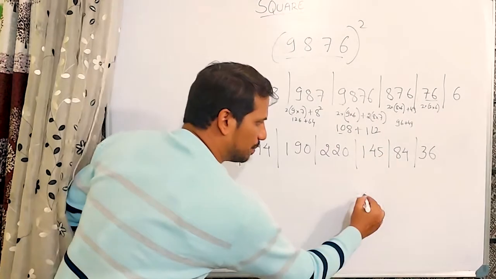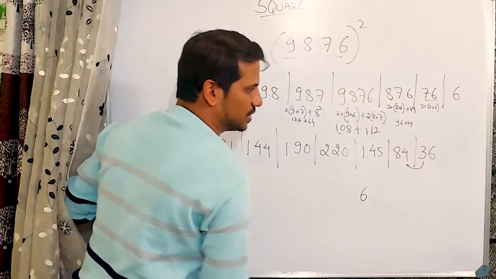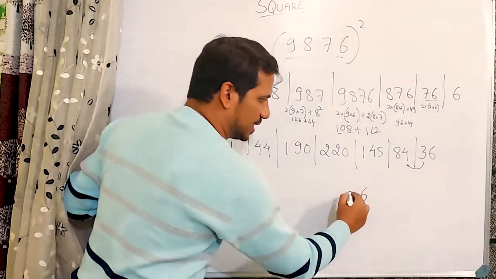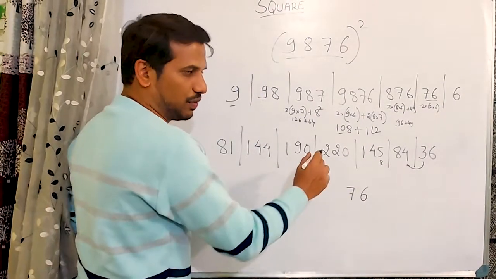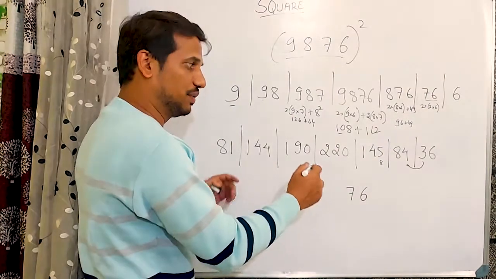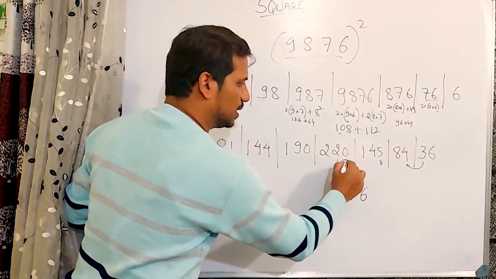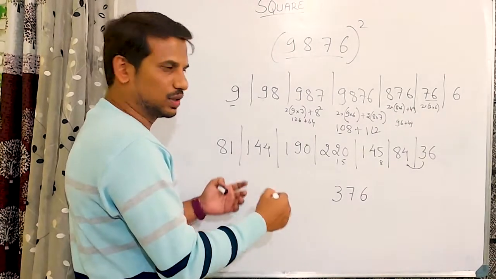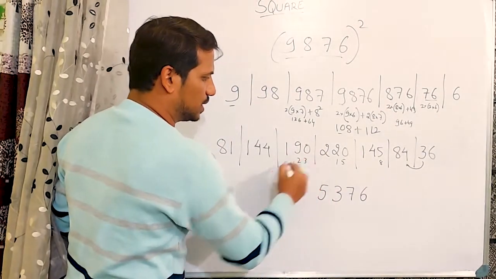So we need to keep 6, pass on the tens digit here. 84 plus 3, 87. Let's keep 7 here, pass 8 here. 145 plus 8, 153. 3 here, 15 here. 220 plus 15, 235. 5 here, 23 here.